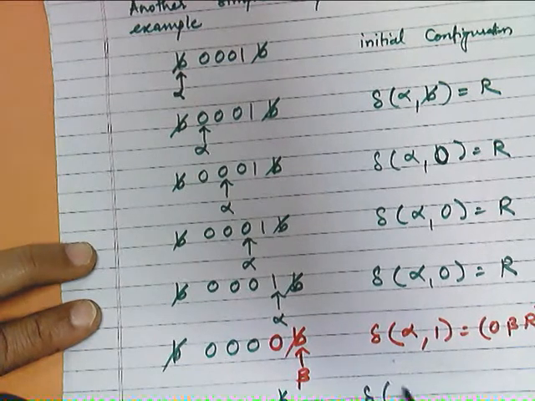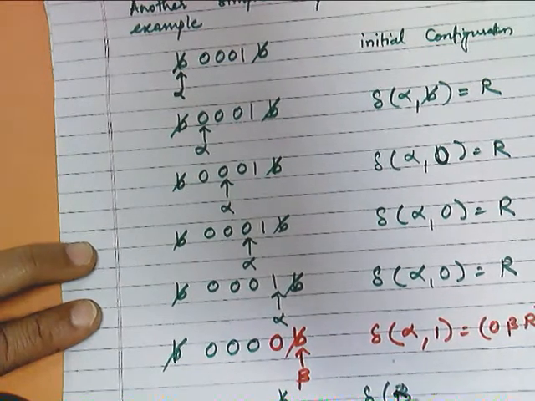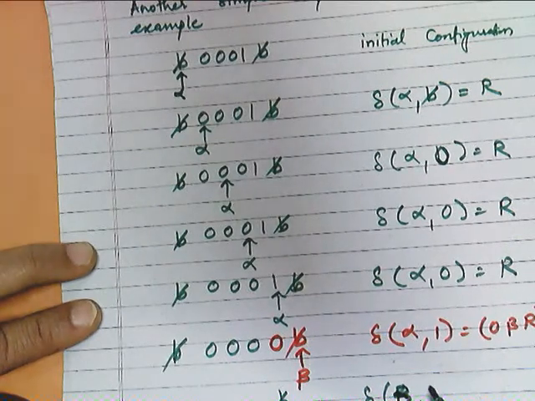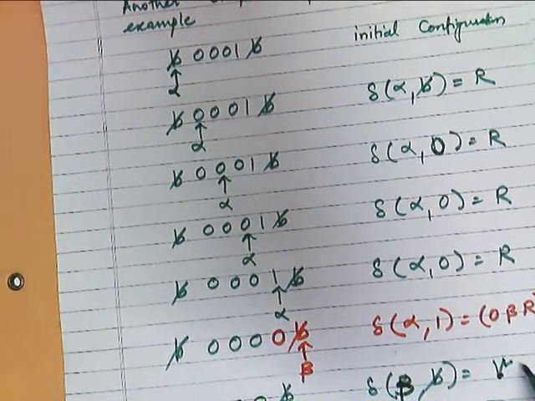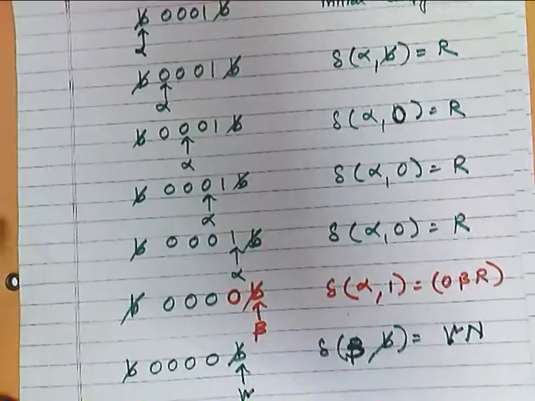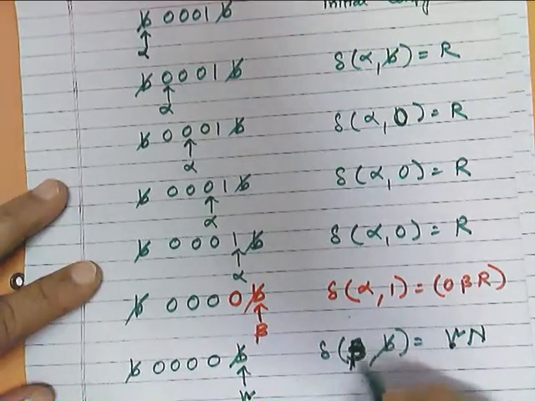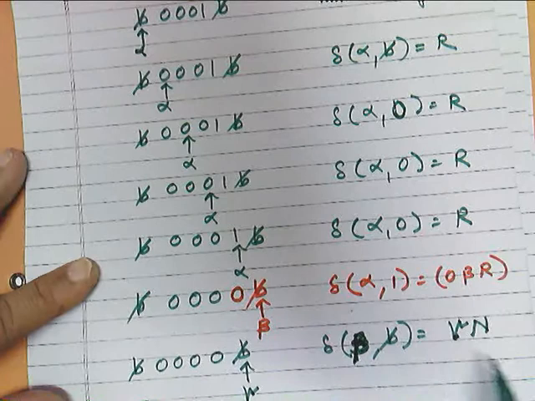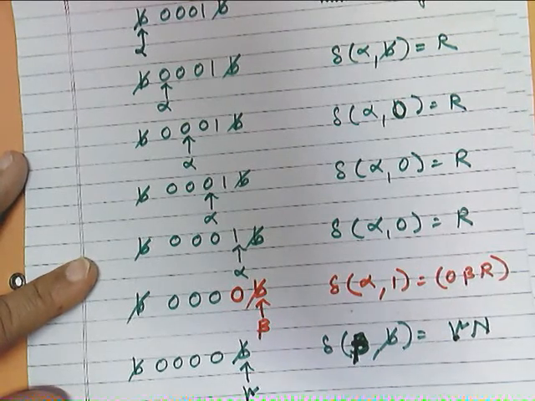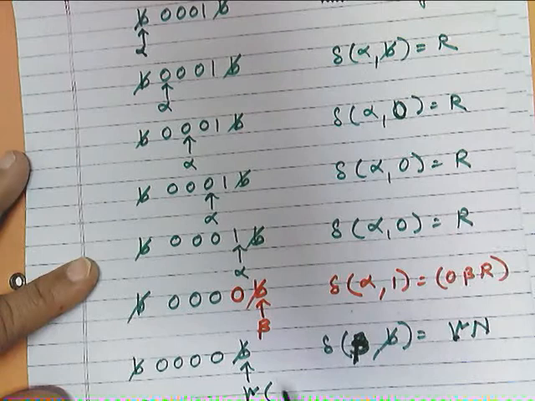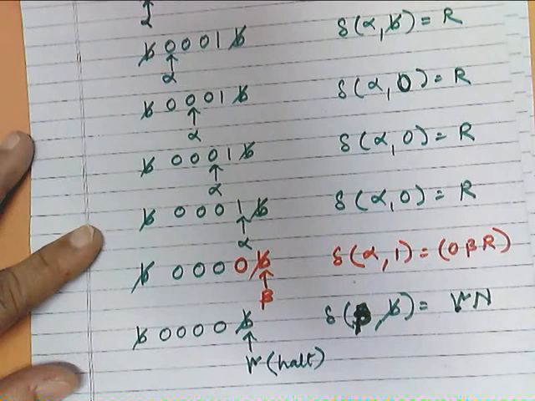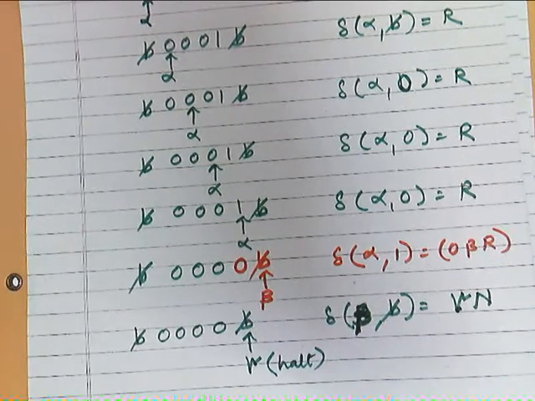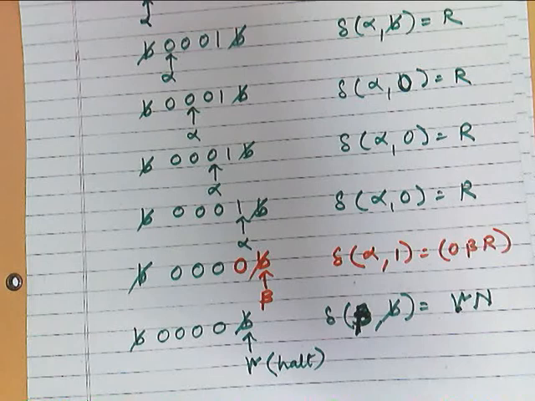Because we are having delta beta comma blank equal to gamma N. If it is beta comma blank, then it is gamma N. Since you reach a gamma state, you can halt here, you have reached a halt state. So I think this is a better understanding of the simulation of the given Turing machine.